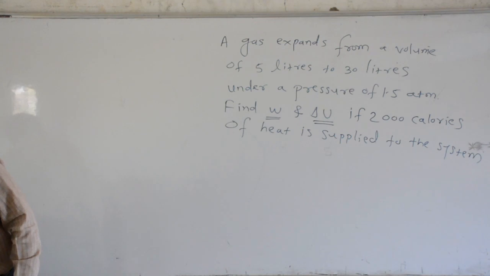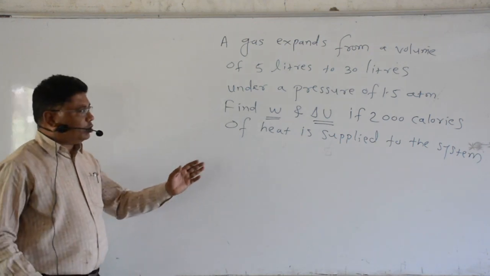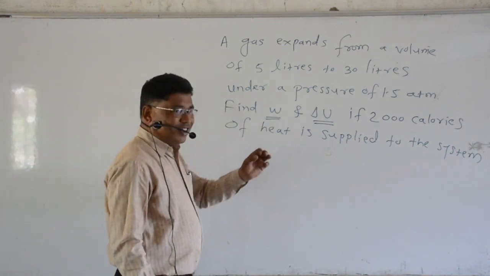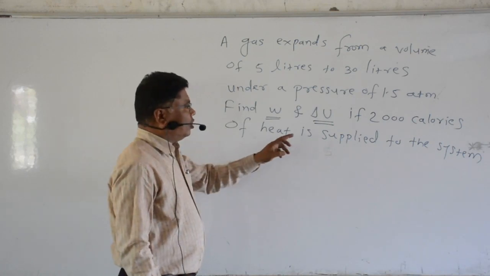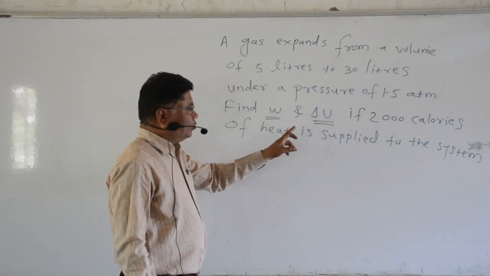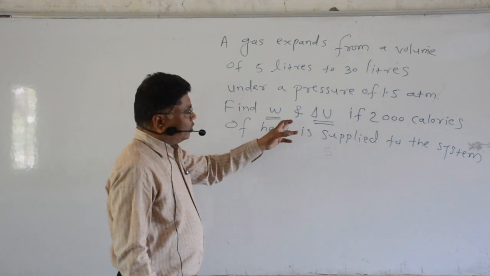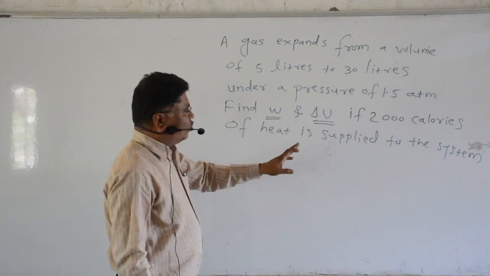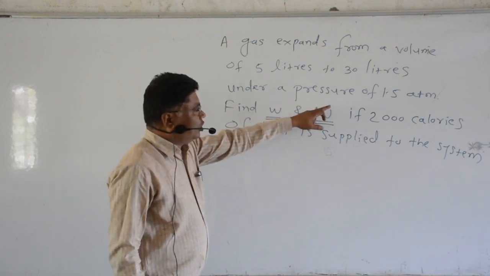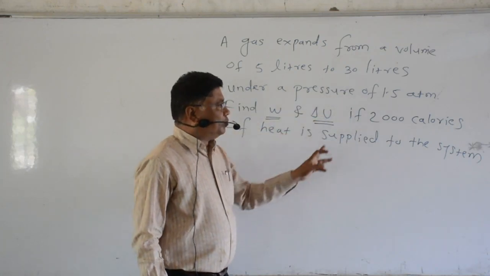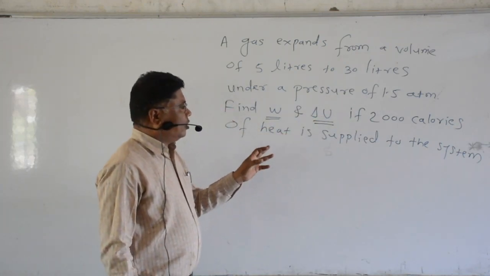Here P is given in atmosphere. Last time you learned how to convert atmospheric pressure into Pascal or kilopascal. So convert this 1.5 atmosphere into Pascal.